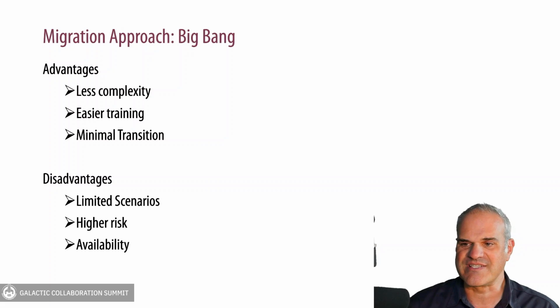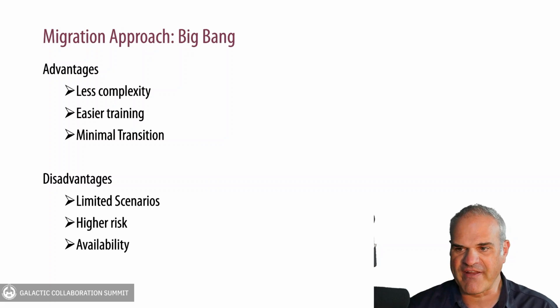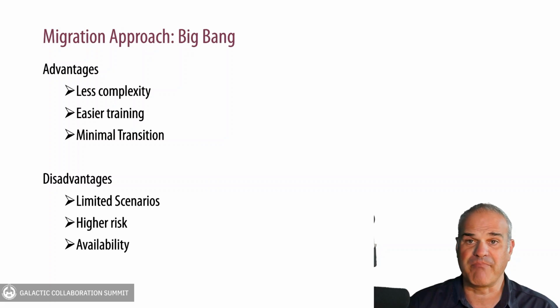But disadvantages, it's very stressful for everybody who's involved. And you can only do it in limited scenarios, higher risk. You need the whole team available, but it's very easy from the change management point of view because you only have to communicate this weekend. We're going to migrate you from one tenant to the other tenant, not more and not less.